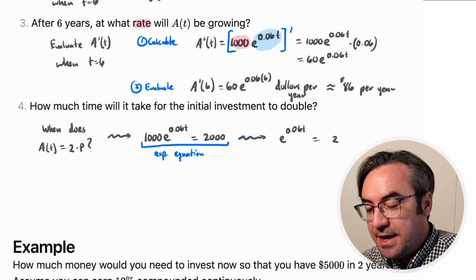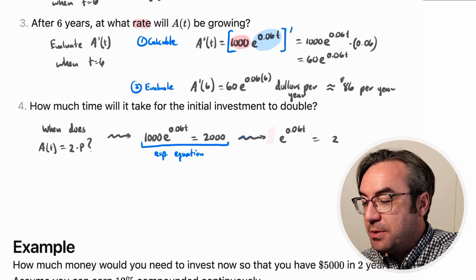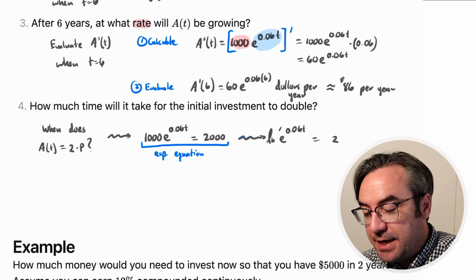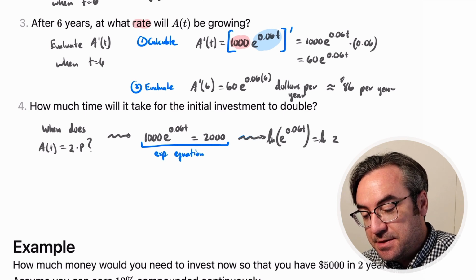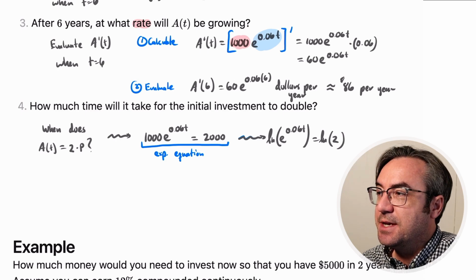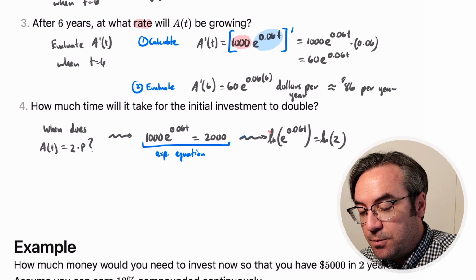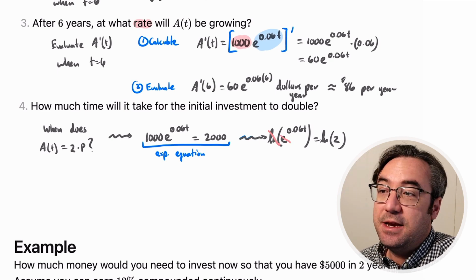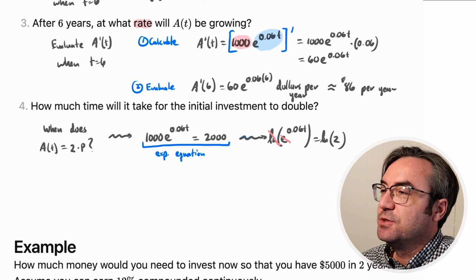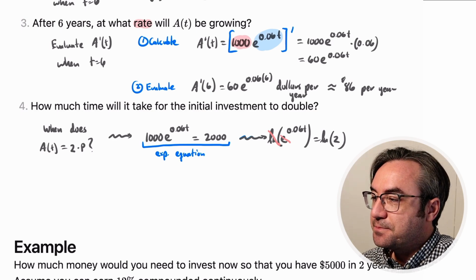Once we've isolated the exponential part, we apply the natural log function to both sides. That's why we need those spaces. The reason we use the natural log function is because it's the one function that cancels off the natural exponential function. So we're able to cancel it off.